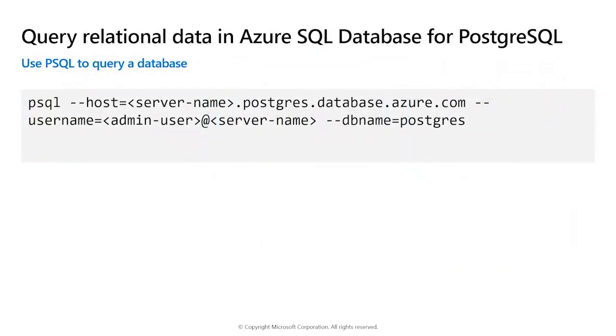Now, PostgreSQL provides many tools that you can use to connect to a PostgreSQL database and run queries on. These tools include pgadmin, which is a graphical user interface tool, or you can also use the pgsql command line utility. There are also a large number of third-party utilities that you can use as well. And so let's have a look at how we can use the pgadmin tool to connect to an Azure PostgreSQL database.